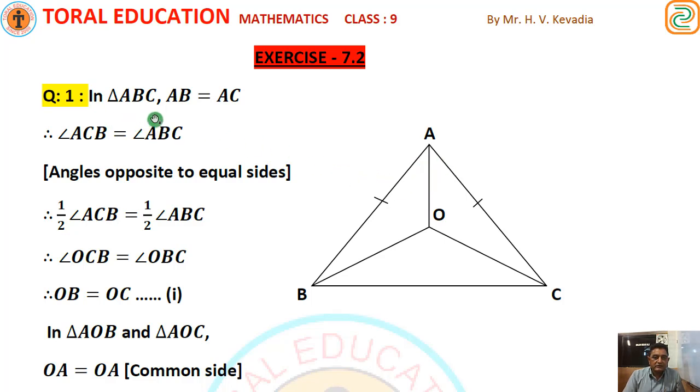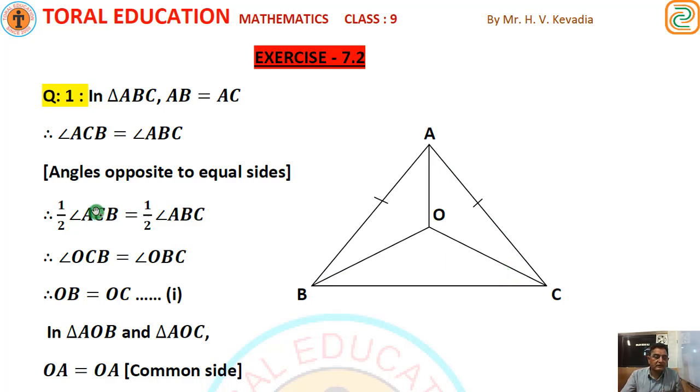Now in triangle ABC, AB equals AC. Therefore angle ACB equals angle ABC. We have seen the theorem: if two sides are equal, then opposite angles are equal. See theorem 7.2.